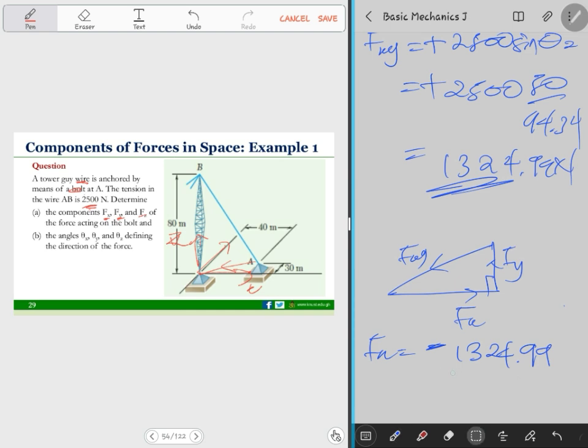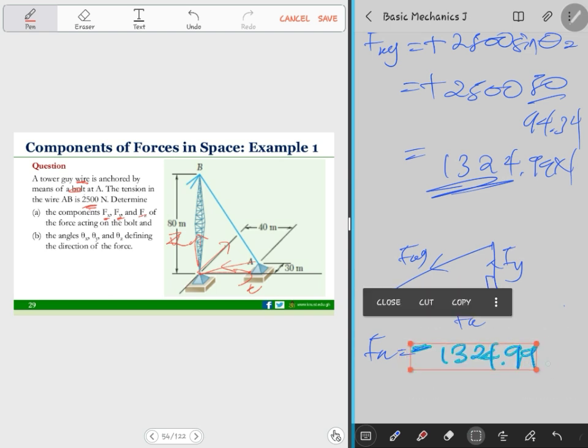So this is a negative. There's the angle here, right?